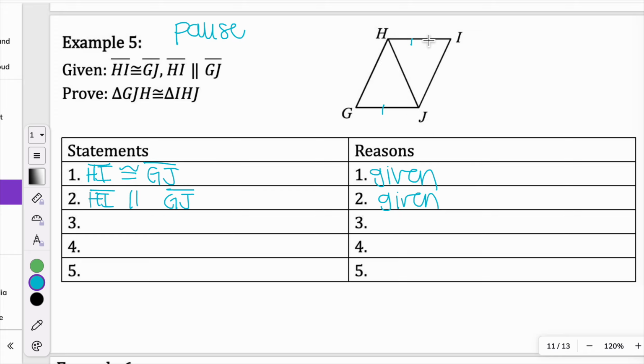So what I like to do is I also like to show my parallel lines here. And I want to prove that our two triangles are congruent. One thing I can say is HJ is congruent to HJ using reflexive property.